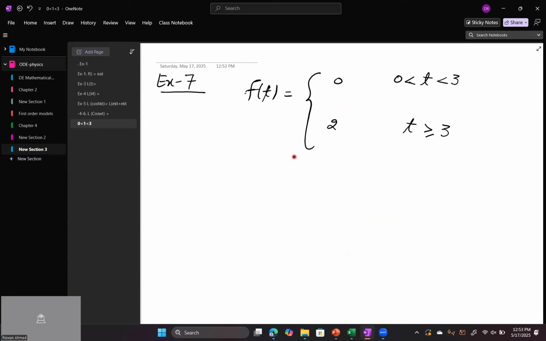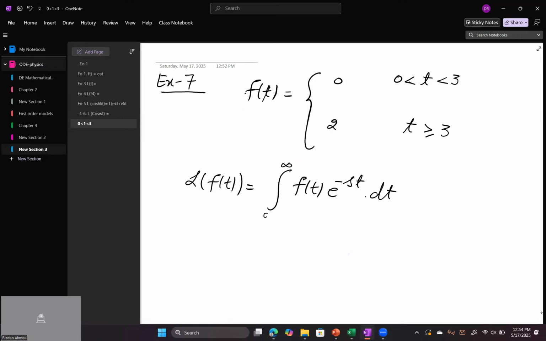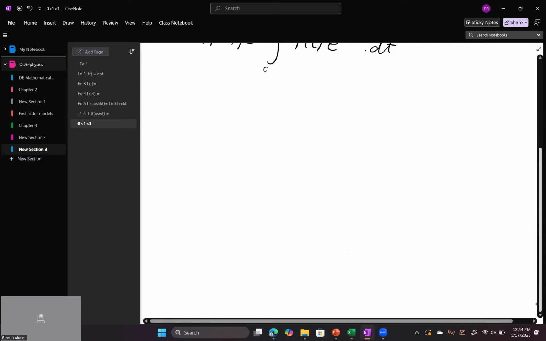We can calculate its Laplace transform using the first definition, the fundamental definition. So integral from 0 to infinity of e raised to the power minus st times f of t dt.